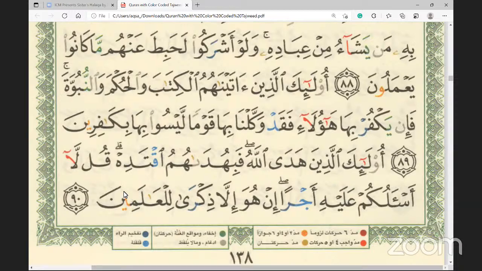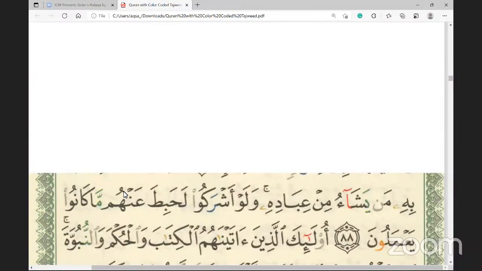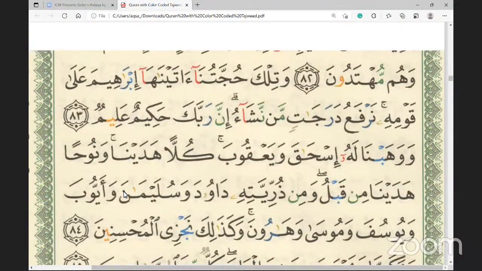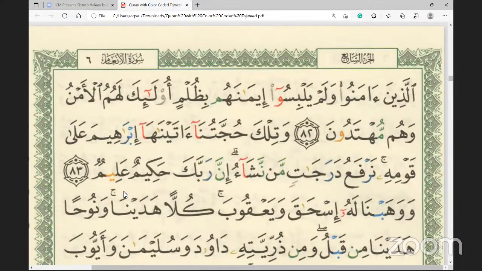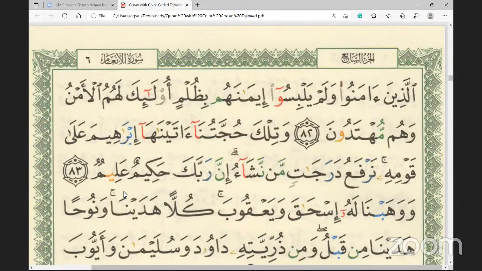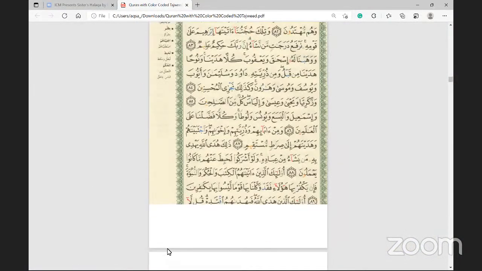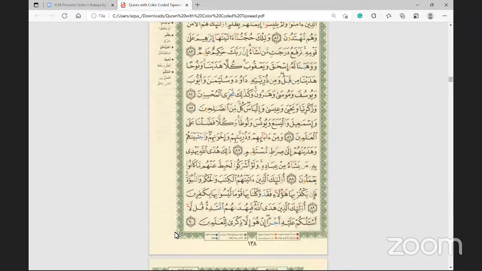So this is what we're practicing on. And inshallah, just use the app. There are actually a number of different apps. I just noticed that there are these Qur'ans, which I got from Amazon, and it's really great. They have a QR code on the side.